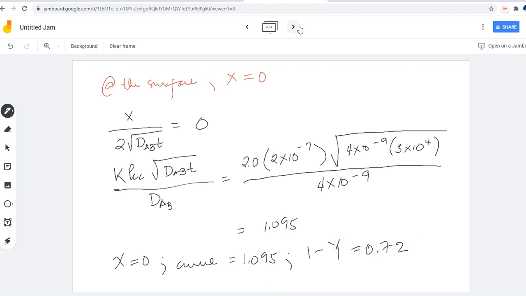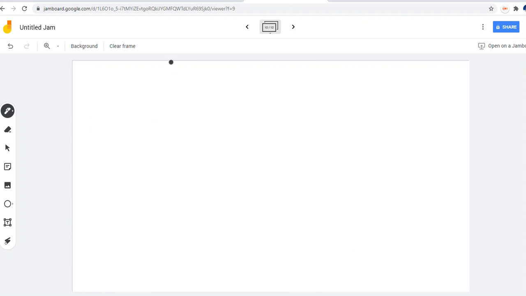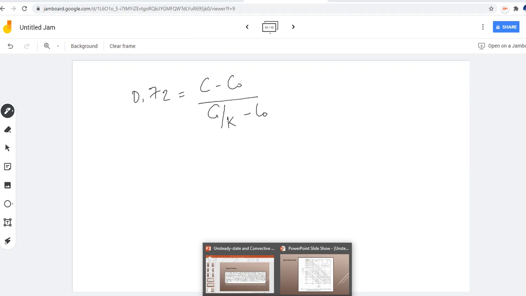Now a 1 minus y of 0.72 has an equivalent formula for mass transfer of C minus C0 all over C sub 1 over K, the equilibrium distribution coefficient, minus C0. I'll show you that this is really the equivalent for 1 minus y in this scenario.